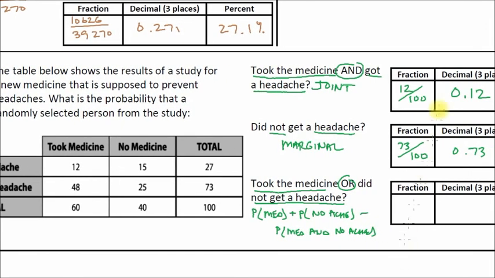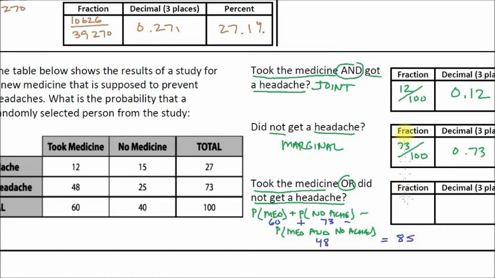So if you look at those, medicine, no headache, and then medicine and no headache, our number is going to be this. Probability of medicine is, took medicine, there are 60 people who took medicine. People who had no headache, there are 73 people who did not have a headache. And then medicine and no headache, here's medicine and no headache, that's 48. So you've got 60 plus 73 minus 48, and that's going to be equal to 85.